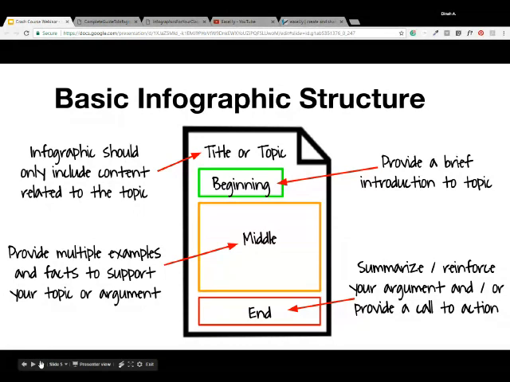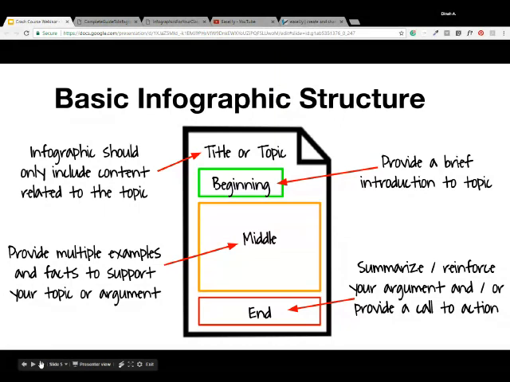If there are things that you've gathered that are just nice to know for your audience and not really a need to know piece, go ahead and set it to the side, and depending on how much room you have, you can include it. But for the most part, you really only want to include the things that your audience absolutely needs to know about the topic. Again, there's limited space.